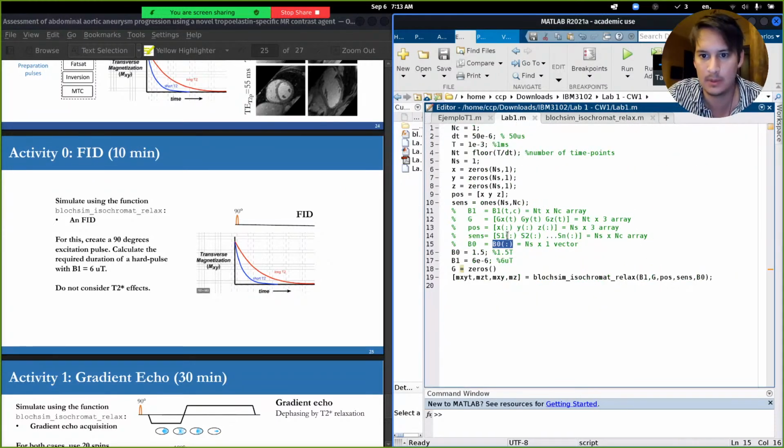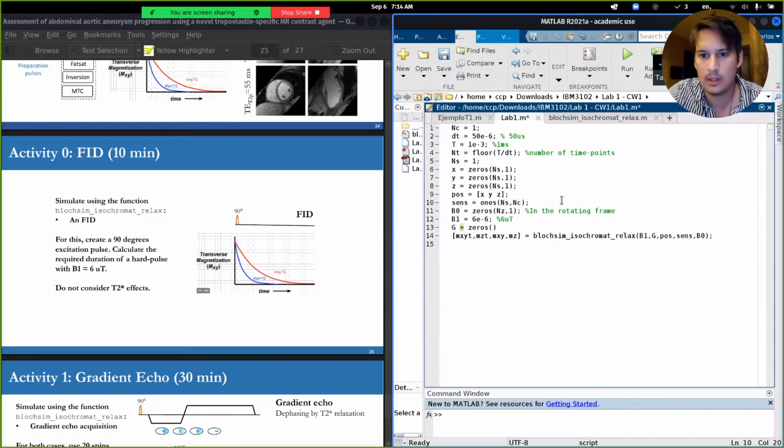So there's no problem here. This is the correct amount in reality, but if we are simulating in the rotating frame, we can put 0, so this would be 0 in the rotating frame.